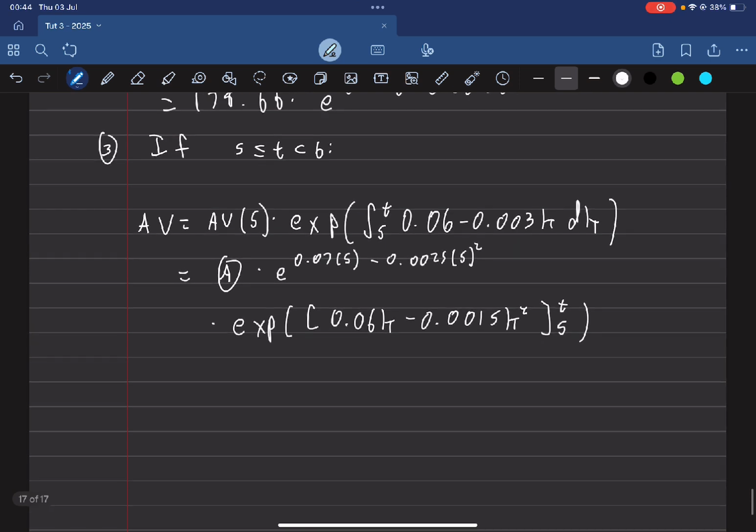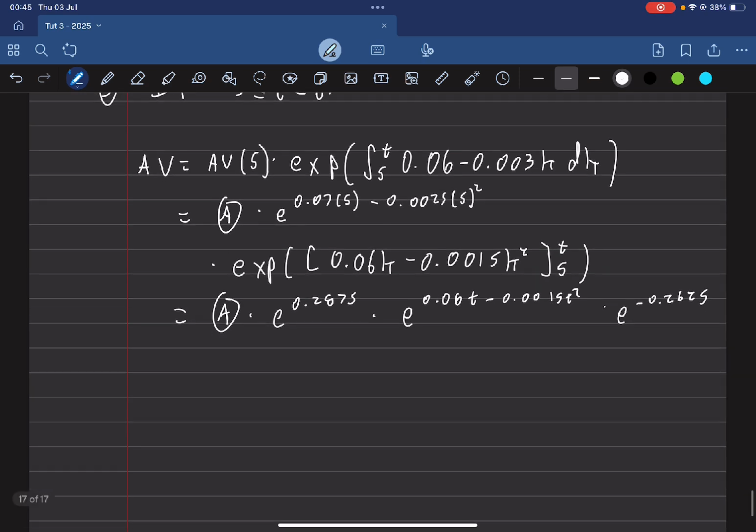And from that, I'm going to get a multiplied by e, so this will all simplify to 0.2875. Okay, and we sub in t, we're going to get e to the 0.06 t minus 0.0015 t squared, and we sub in 5, we're going to get e to the negative 0.2625.